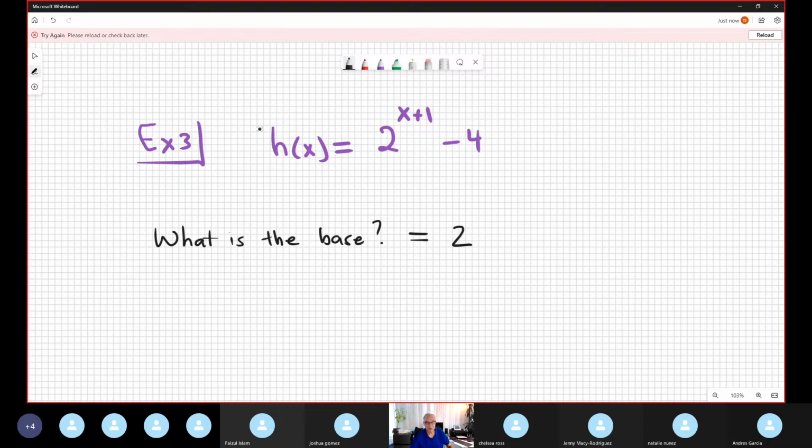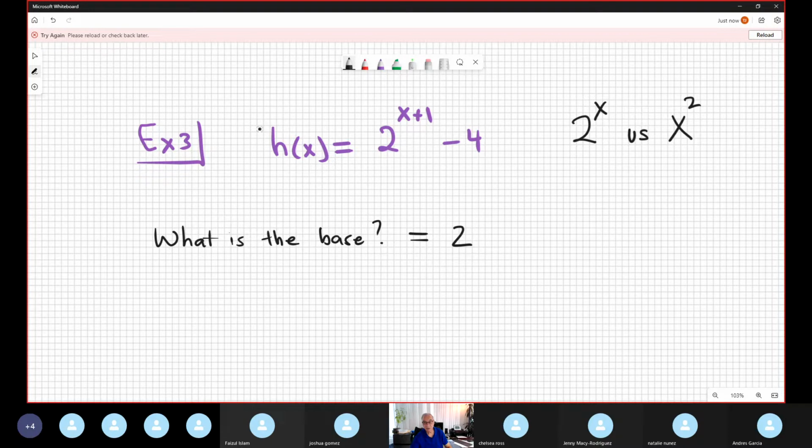Very important to understand that the exponential function is, for example, 2 to the x, 3 to the x, versus the polynomial function que es x squared. So in the polynomial, the variable is in the base and the exponent is fixed. Okay, and now in the exponential, the base is a fixed number and the exponent changes.